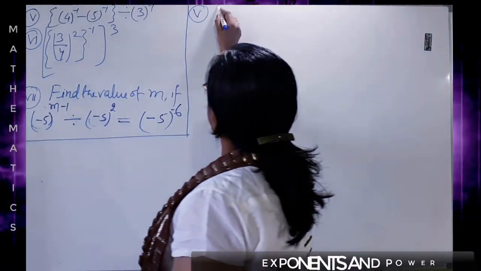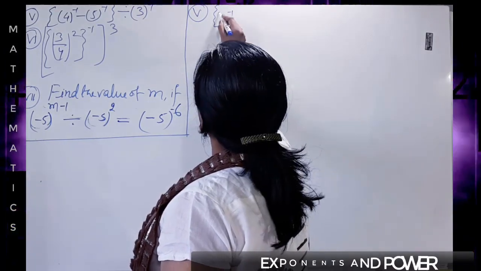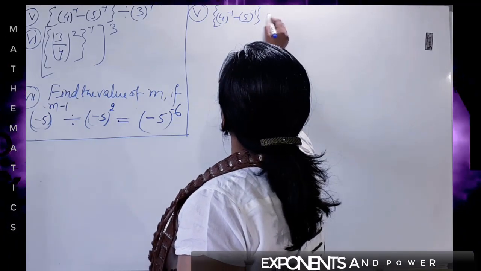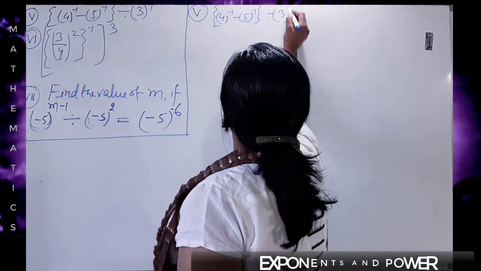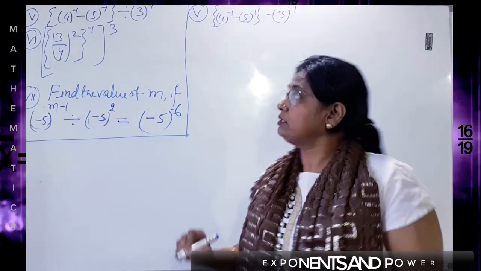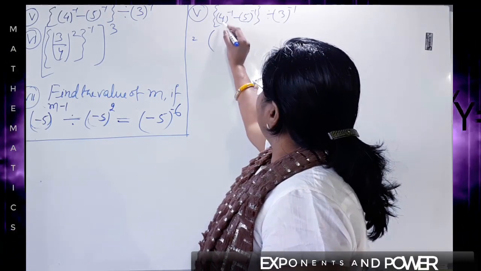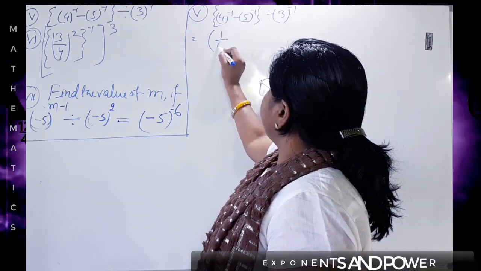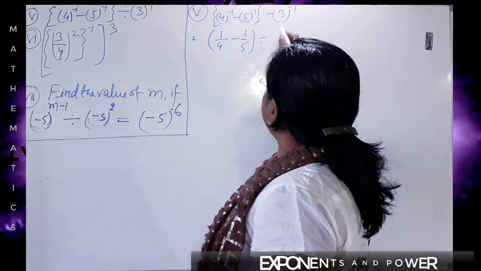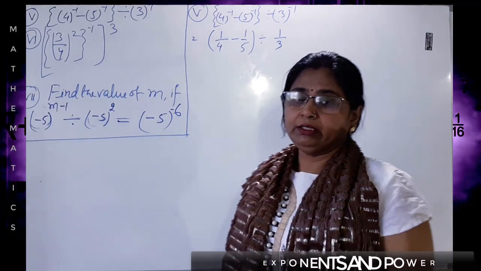Question is 4 to the power minus 1 minus 5 to the power minus 1 divided by 3 to the power minus 1. Now 4 to the power minus 1 is 1 by 4, minus 1 by 5, divided by 3 to the power minus 1, which is 1 by 3.